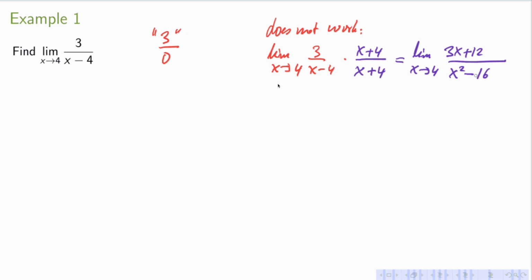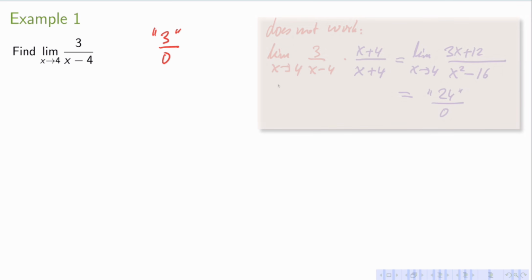Now in this modified expression, if you let x go to 4, then the denominator is still 0. So this is actually 12 plus 12, this is 24 divided by 0. So it doesn't help. We still have a 0 in the denominator. So unfortunately, this idea, although it is a good idea, does not work.